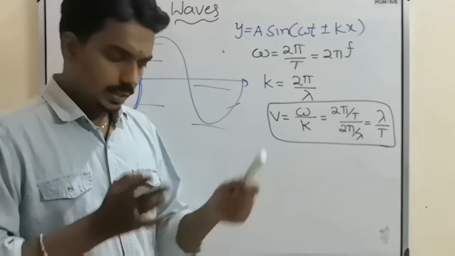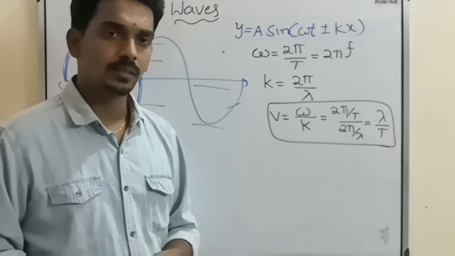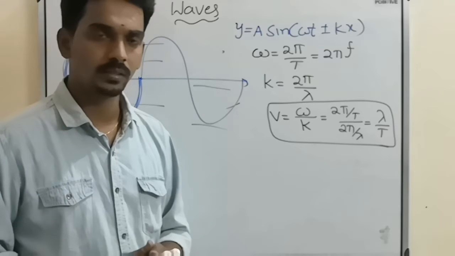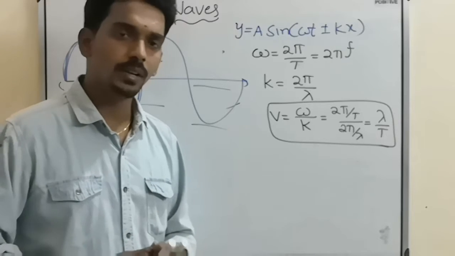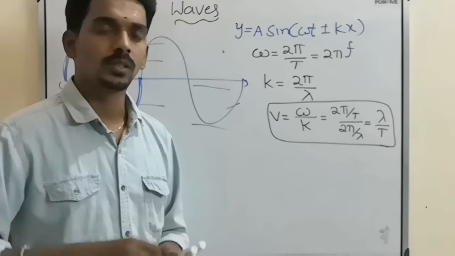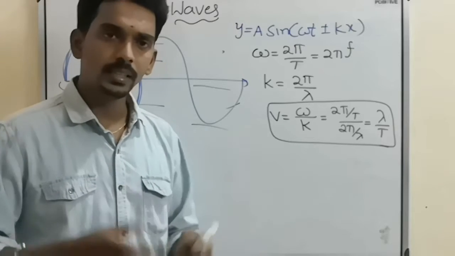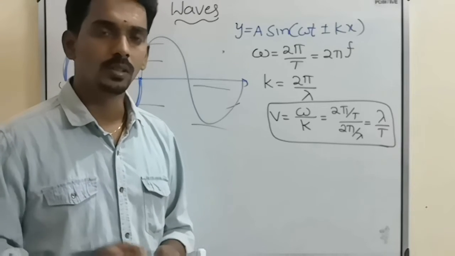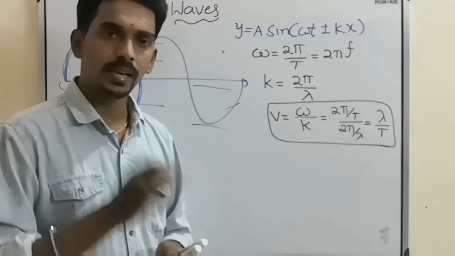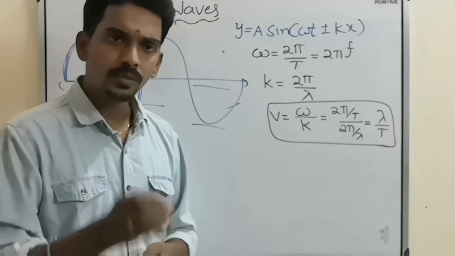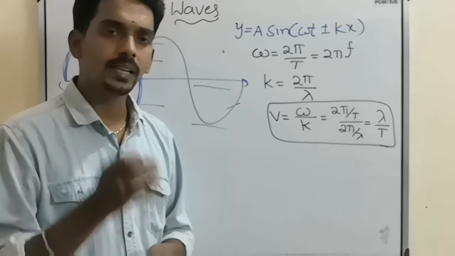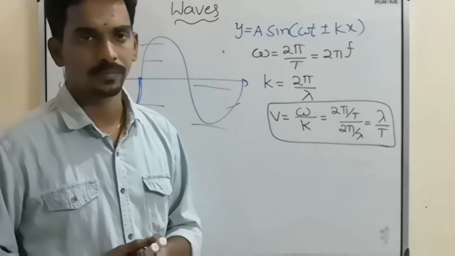In the very first class, we also said that there are two types of waves, longitudinal waves and transverse waves. And I said that in this chapter we study sound waves as the example for longitudinal waves, and waves on a string as the example for transverse waves.